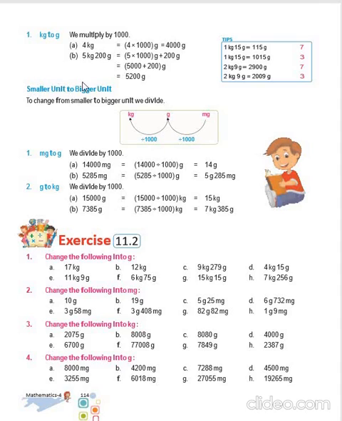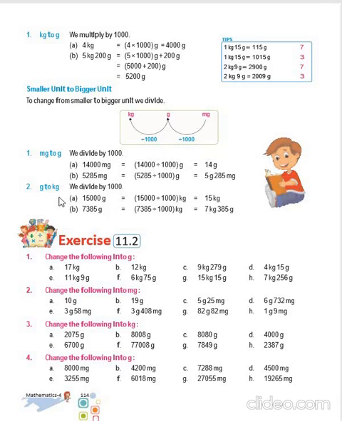Now smaller unit to bigger unit is done by dividing. Milligrams to grams is done by dividing by 1000. 14,000 mg is equal to 14,000 divided by 1000 grams, that is equal to 14 grams.